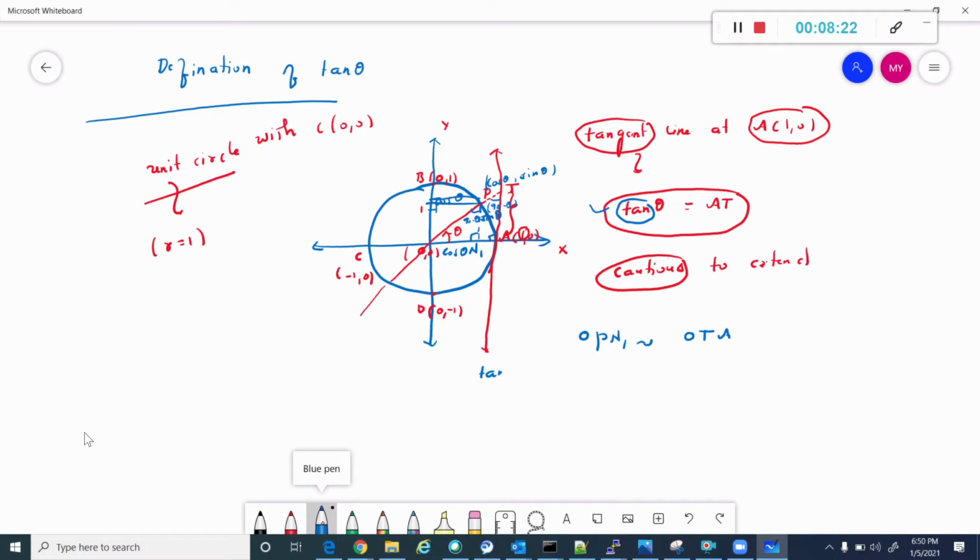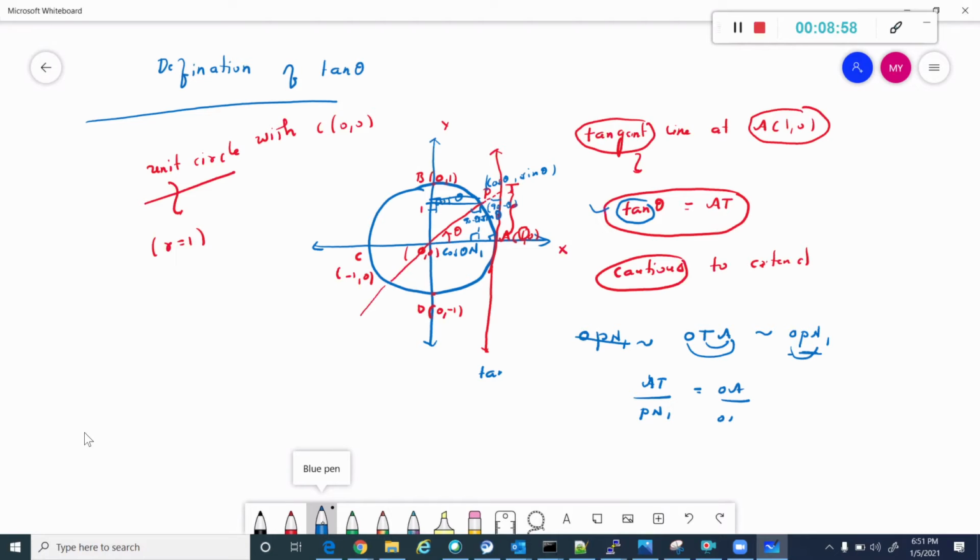From this I can write that this OTA triangle is similar to OPN1, correct? So AT by PN1 is equal to OA by ON1, right?